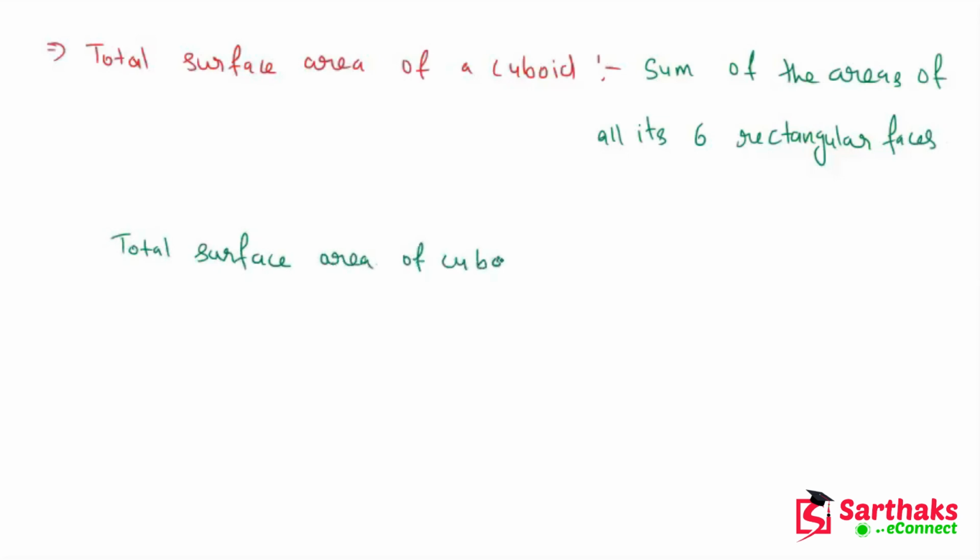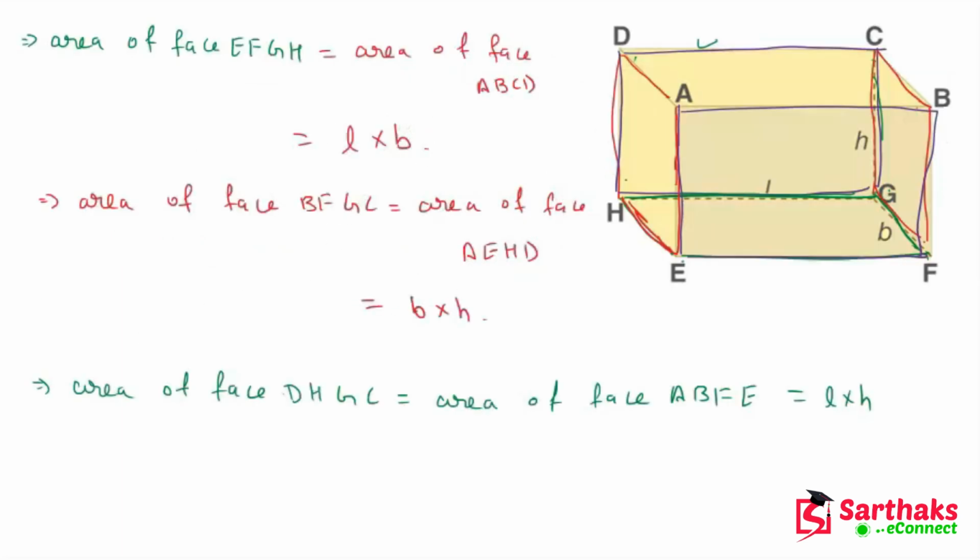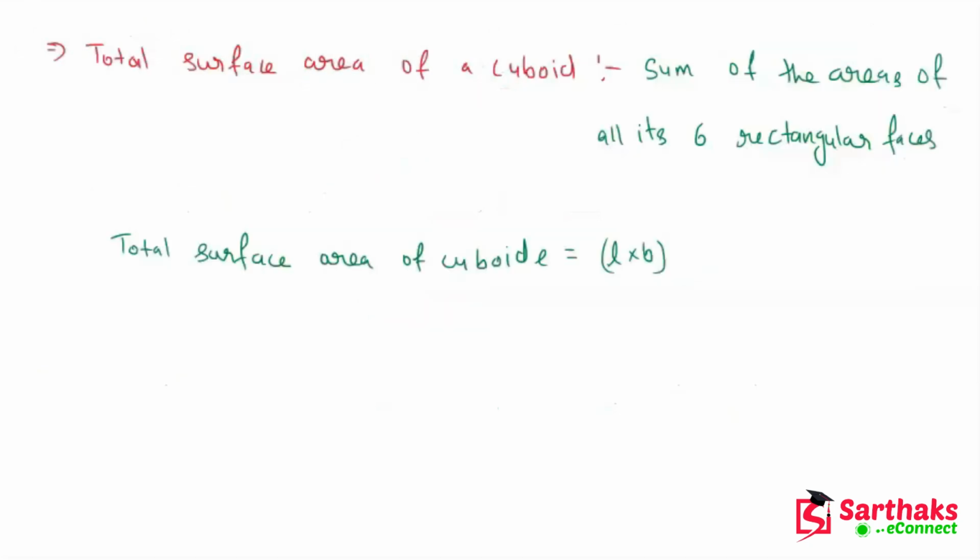So we can write the total surface area of the cuboid is equal to L into B, which is the area of 2 rectangular faces, so we multiply it by 2, plus similarly 2 into B into H plus 2 into L into H. After taking 2 as common, we get 2 times LB plus BH plus LH.